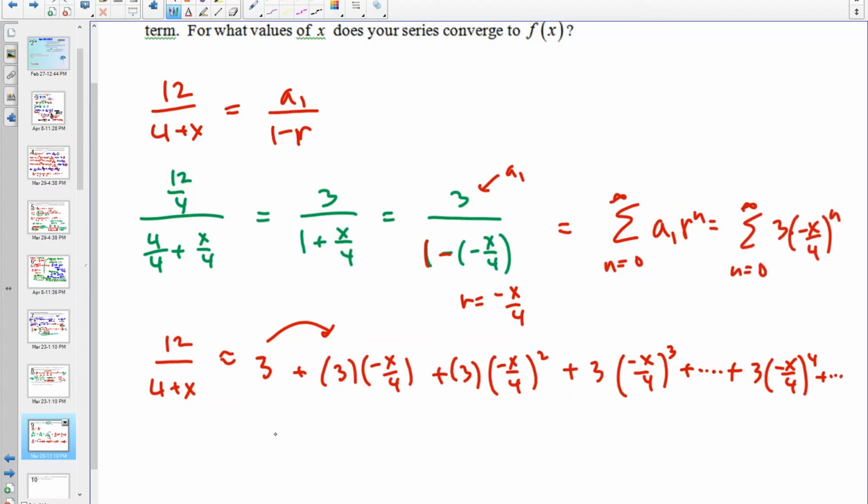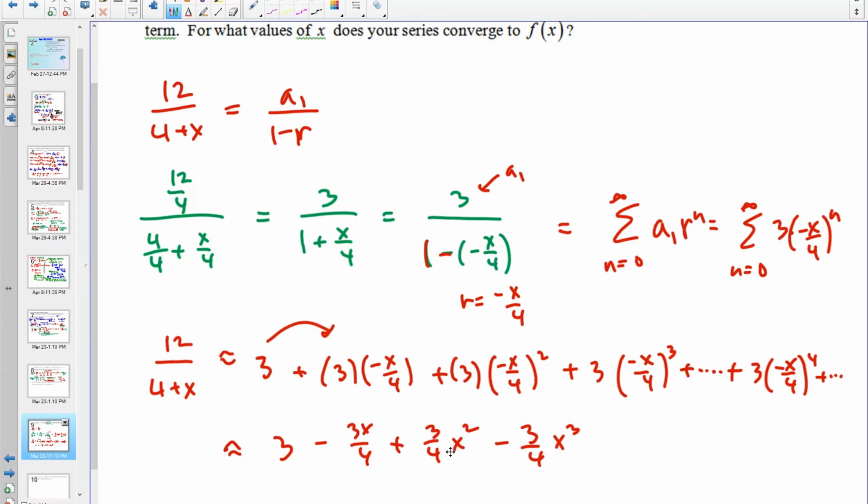All right, and so here's a question. I've done the Taylor series here. This basically here is the Taylor series. I guess I could simplify it a little bit.